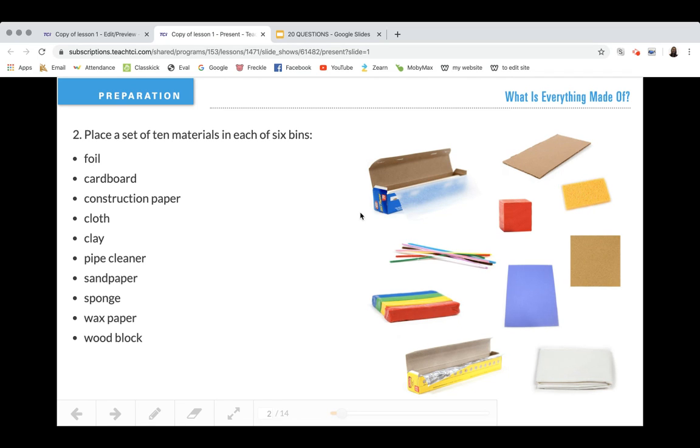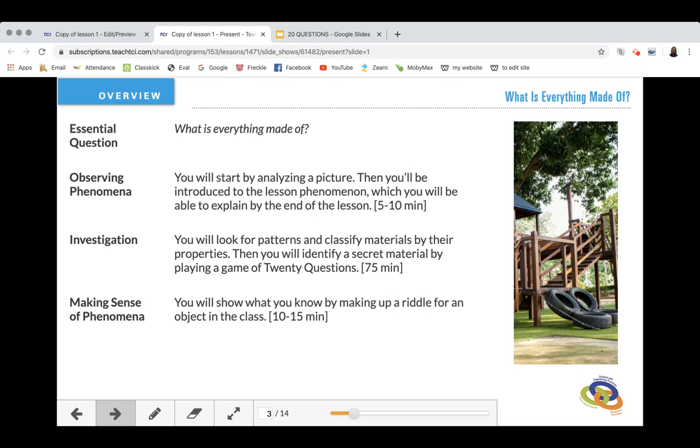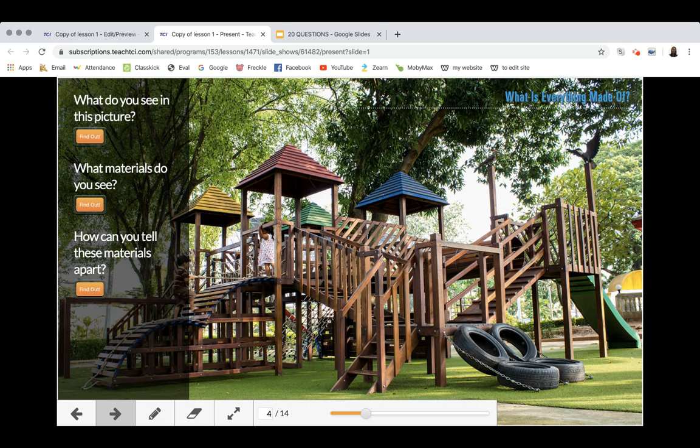So those are the objects that we're going to be talking about, the materials that we're going to be talking about along with some properties that they have. So our question that we're going to be thinking about is, what is everything made of? So here in the picture of our playground, we talked a little bit about this when we were reading through our book, but I want you to think about, what do you see in this picture?